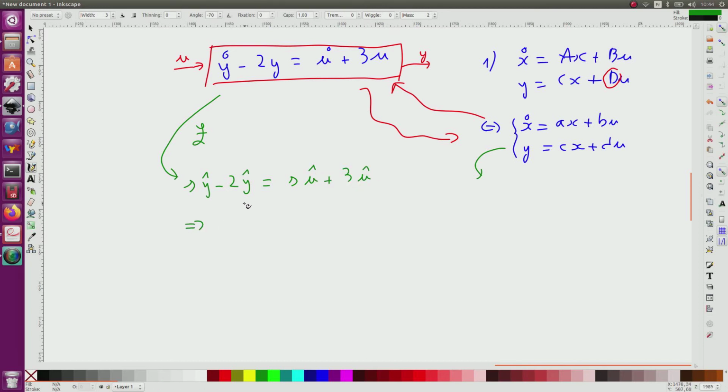As a consequence, the transfer function is g of s equal to s plus 3, due to this and this, divided by s minus 2.